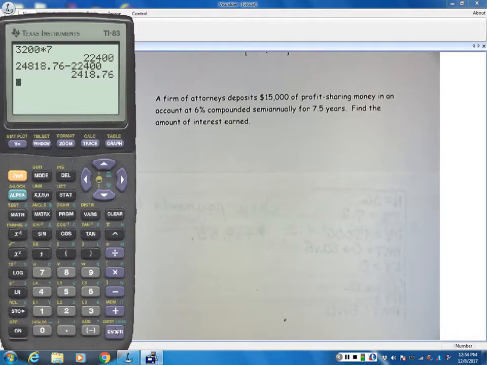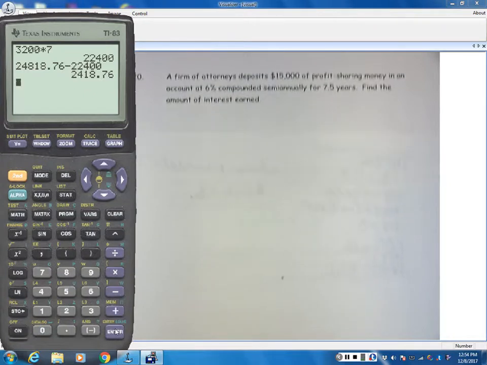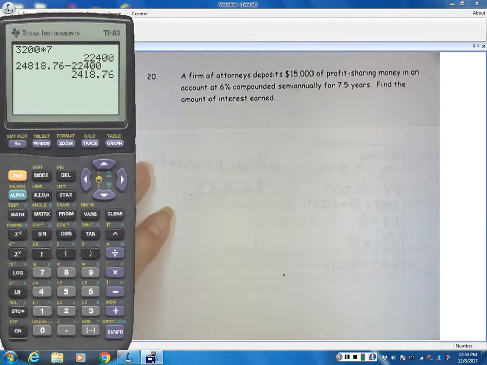And now we'll look at problem number 20. Problem 20 says a firm of attorneys deposits $1,500. That's going to be a negative $1,500 because they're paying it in.